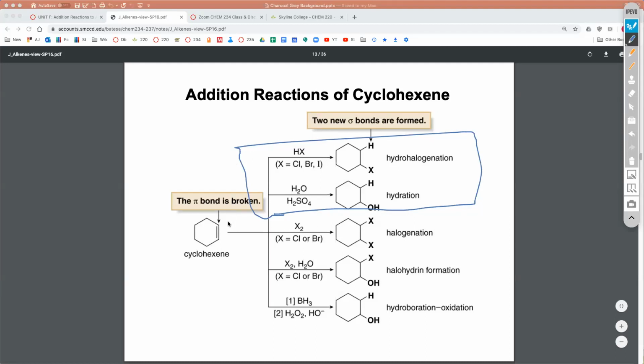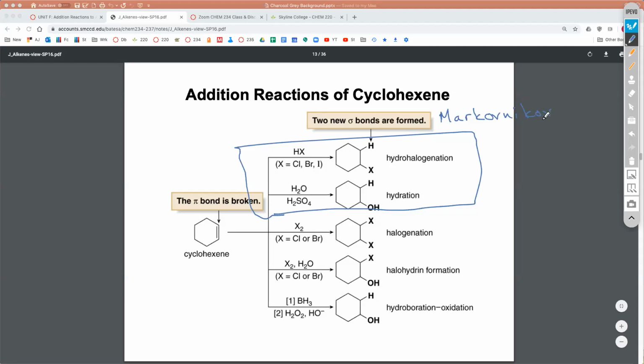And so what's happening here is in the first step, an H plus ion, either from the strong acid HCl, HBr, or HI, or some sort of a catalytic strong acid like H2SO4, protonates the double bond. And then, in this case, water would act as our nucleophile. Here, one of our halide ions would act as the nucleophile. And in both of these cases, what we would get is the Markovnikov product.